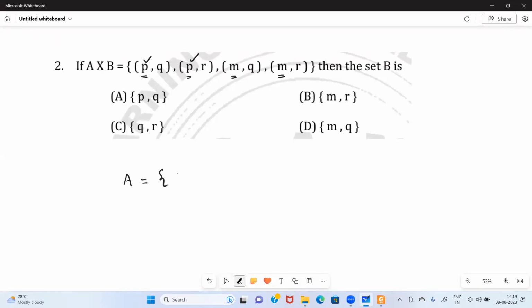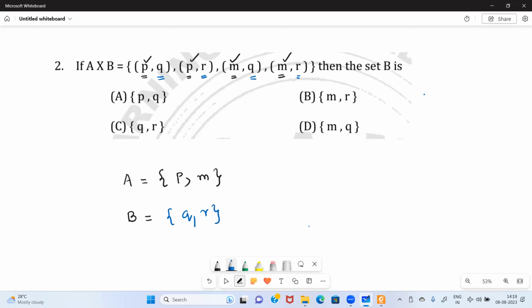P and M. Right? Let's now look at what would be B. All those elements which come second in the ordered pair belong to B. For example, Q, R. I hope it is clear to you, students.